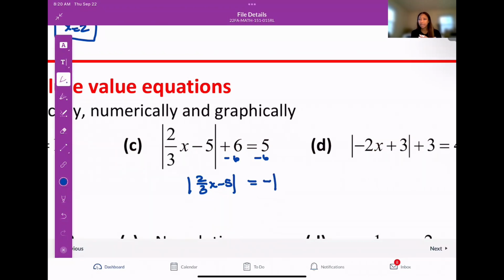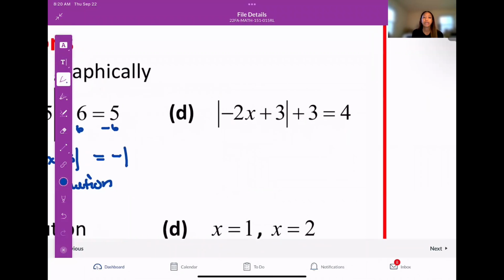Remember, if you end up getting your absolute value is equal to a negative number, you can stop right there. This is not possible, so we would say that there is no solution for this equation. All right, so nothing to do there.